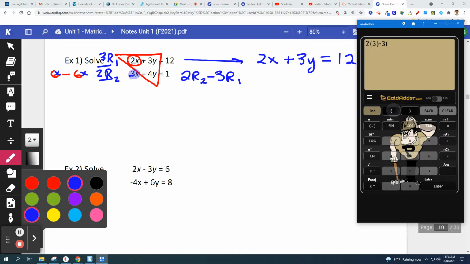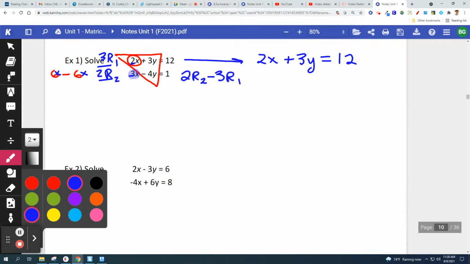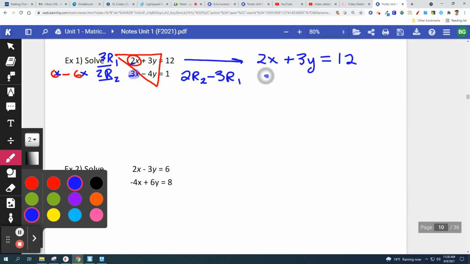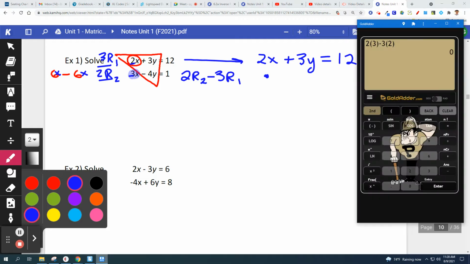So 3 times the number that's in R1 is this 2 right here. Now that's 0, and we knew that was going to be 0. That was the whole point of picking that rule. But I'm just showing you the math here, all right? And I'm going to put a little dot right there just to hold its position. That's what goes right there. Is nothing. It's 0.